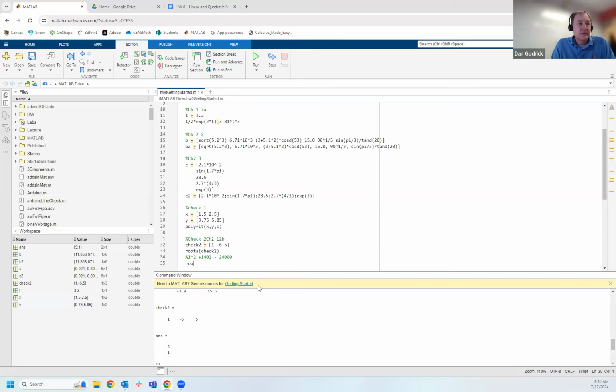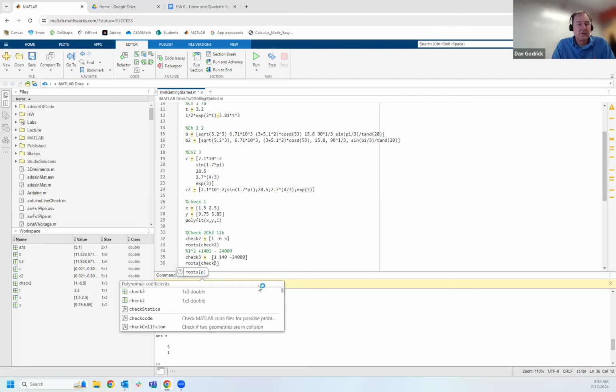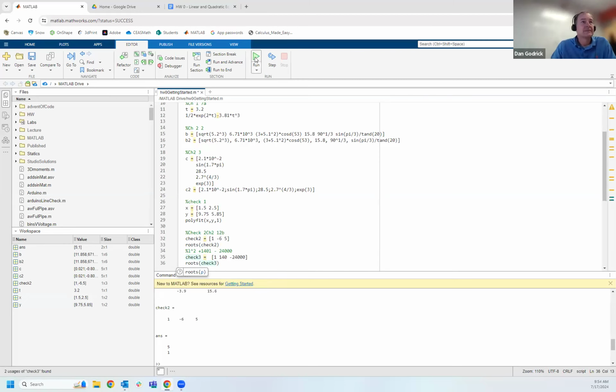So if we do check 2, what's our first value? 1. What's our second value? 140. Call this check 3 is equal to, and what's our last value? Minus 2400. We do roots, check 3, and we get our answer. We see that one's minus 240 and one's 10.